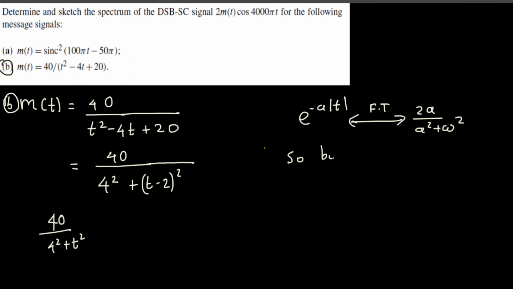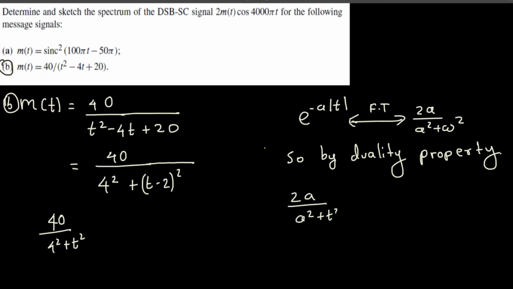So by the duality property, 2a over a² plus t², that's the pattern we have right here.